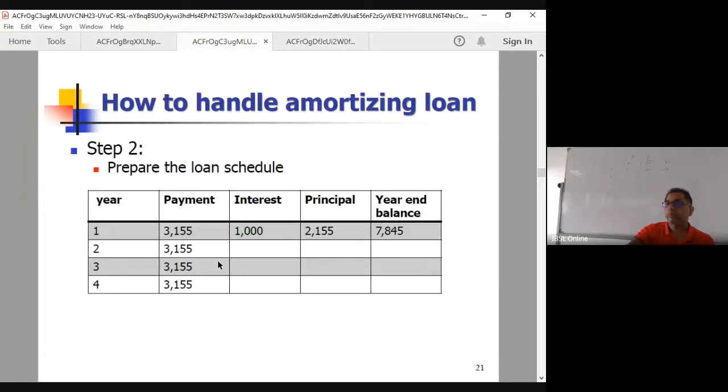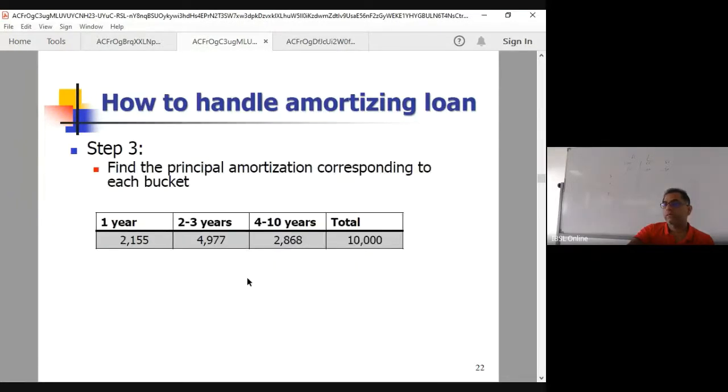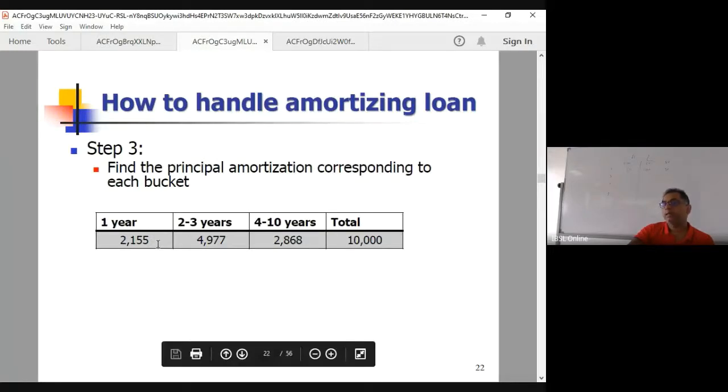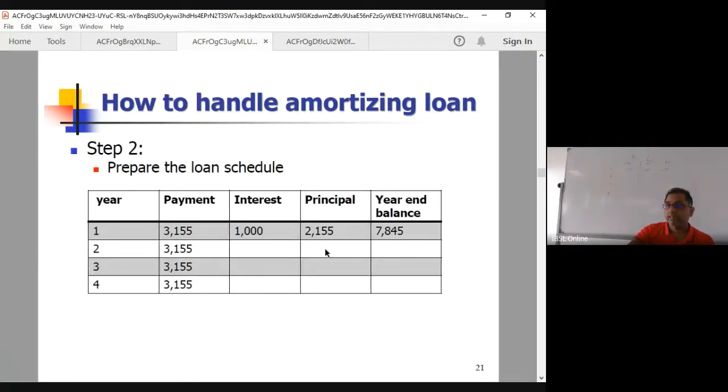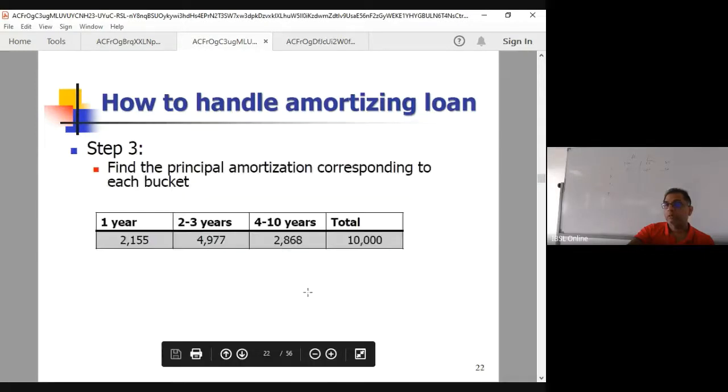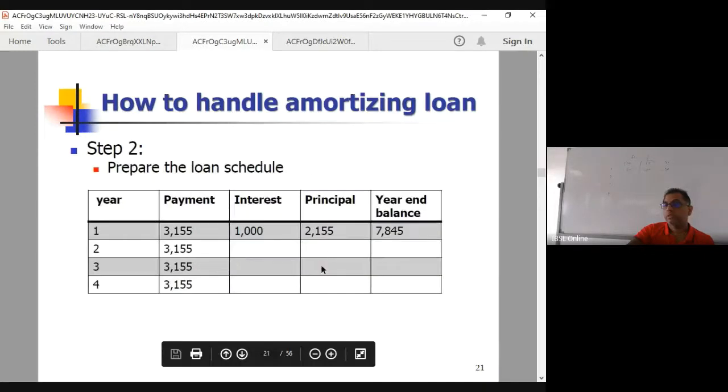What would you do? You would then put each of these in slots. So look at the first year. In the first year, you will say you're getting 2,155 of your principal back. The second one, you're saying you get 4,977 of your principal back, which is basically the accumulation of years 2 and 3. So you're getting these 2 here.